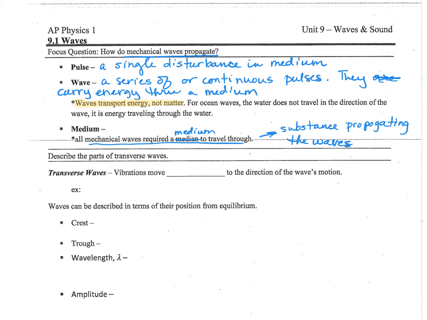In a transverse wave, the vibrations move perpendicular to the direction of the wave's motion. Think about why it's perpendicular. Think about which way the slinky was going. The wave was moving this way from beginning to end, but the actual spring was moving up and down.